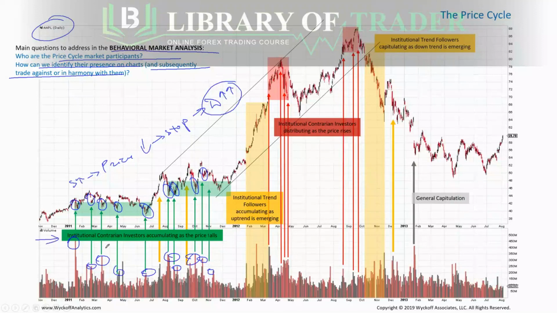It's the institutional contrarian investors that are accumulating as the price falls. And it's very logical because they accumulate at the point of value. The point of value is not going to be on the way up for them. The point of value on the way up could be for institutional trend followers. It could be for the momentum traders as they expect the price to go even higher.